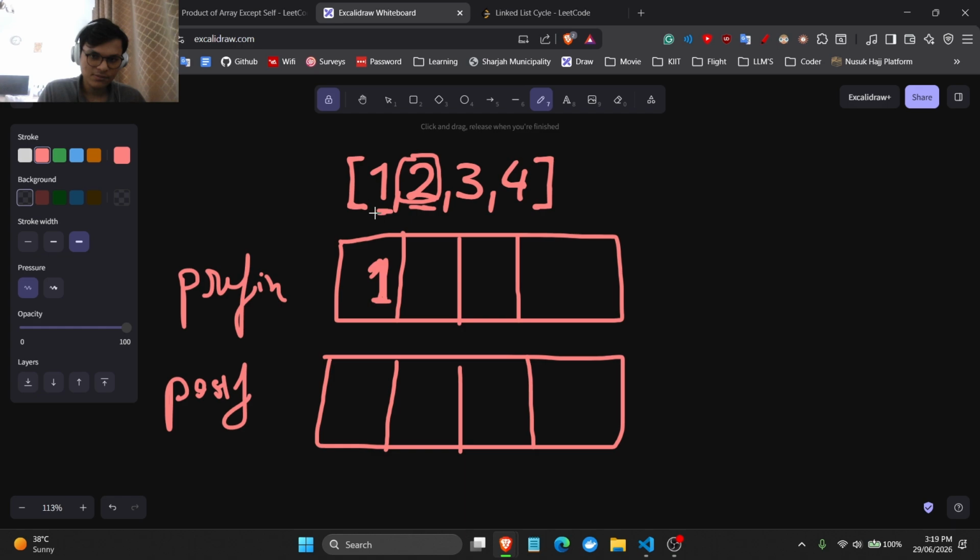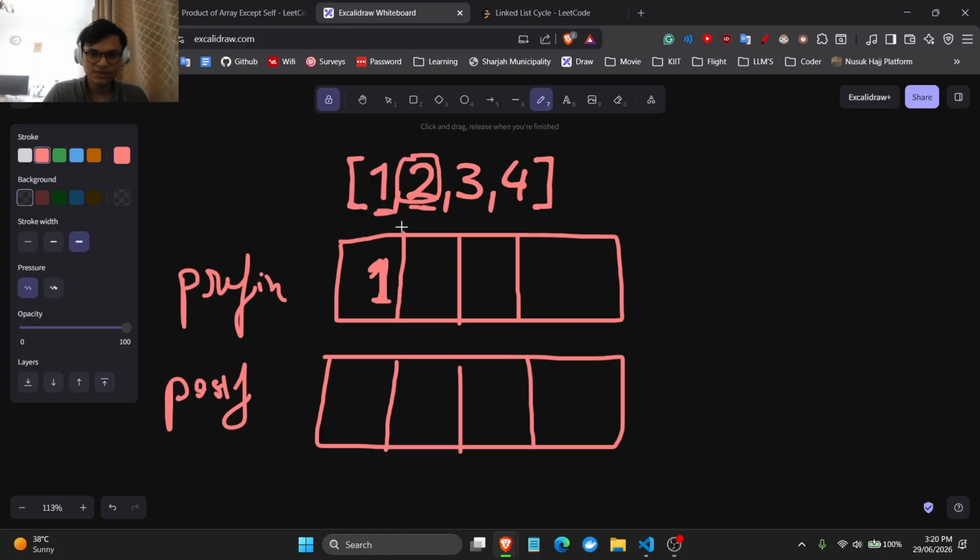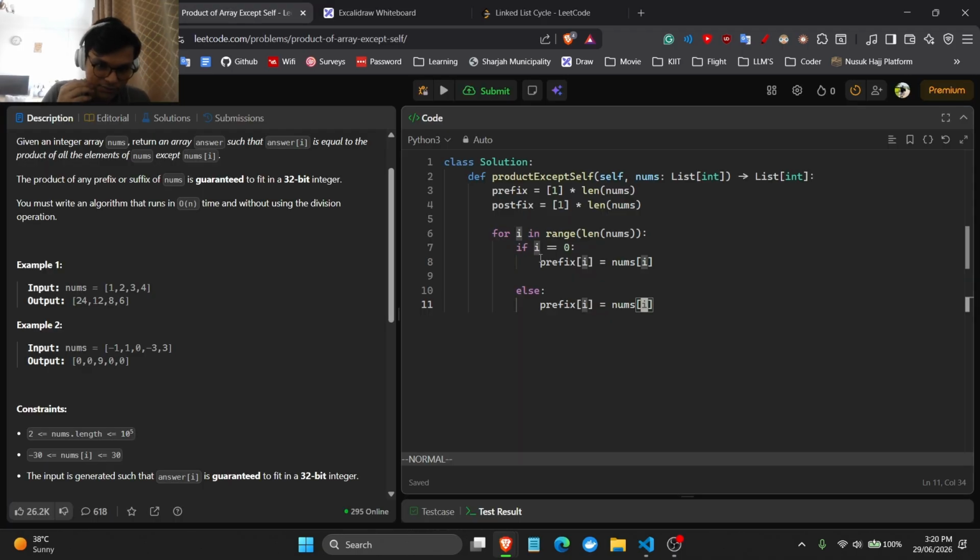So यहाँ पे minus यहाँ तक, but that is not a good solution per se, because what we would want to do is, okay, nums, we will do something like prefix is equal to this, ठीक है, so क्या होता है 1 into 2 pretty much, right? 1 into 2, यहाँ पे 2 आएगा, right?